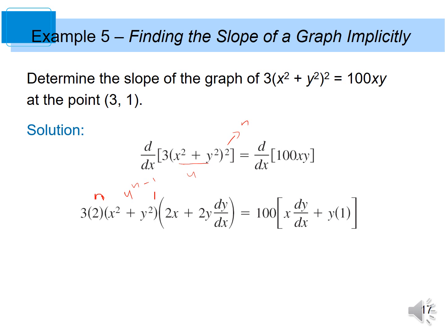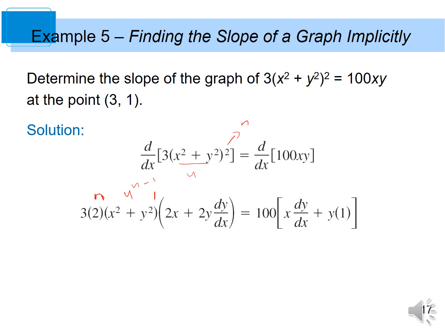We differentiate the second function, differentiating y with respect to y, so we have 1 times dy/dx times the first function, plus differentiate the first function, differentiating x with respect to x, we have 1 times the second function, y.